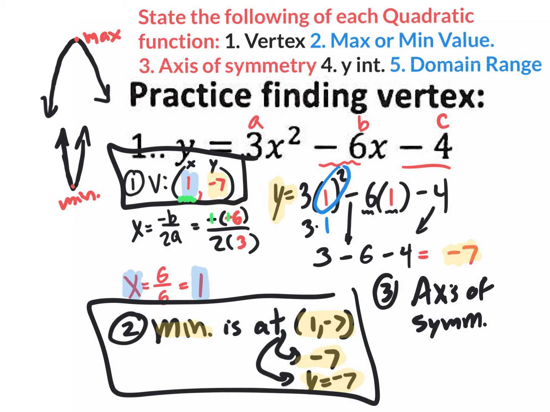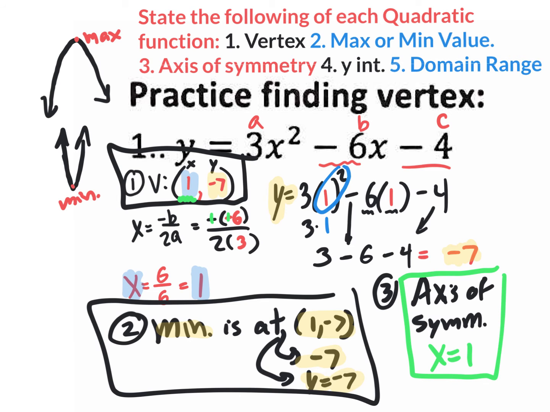What's the axis of symmetry equation? x equals the x value of the vertex. Remember that? 1. So there's your axis of symmetry equation. And that one you do have to write x equals 1 because that's the only way to get a vertical line.